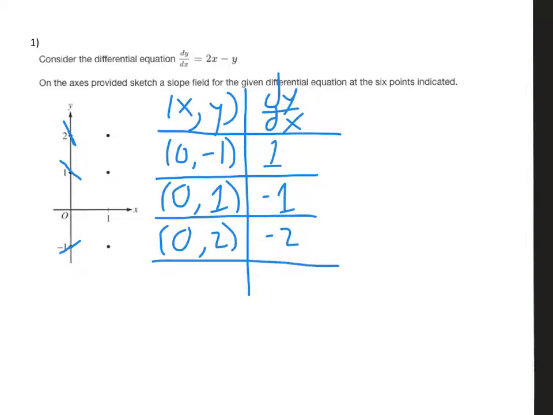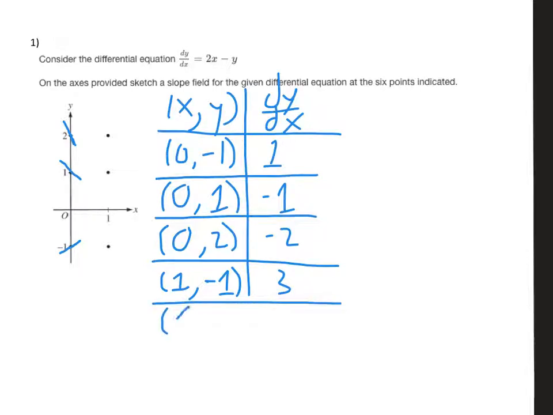Now we'll do the same thing when we have our other 3 points where x is 1 for all of these. So now I've got 1, -1, and I get 3 if I plug that in.